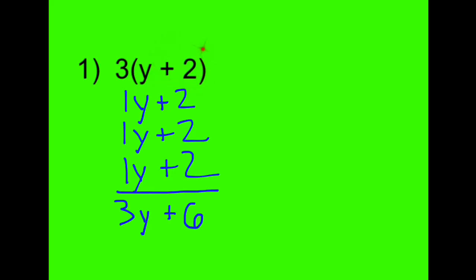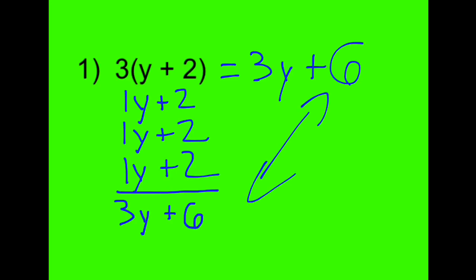And it's important you remember the sign in front of that integer goes with the integer. So 3 times y and 3 times positive 2. And when you do 3 times y, you get 3y. And when you do 3 times positive 2, you get positive 6. You should be familiar with how to do both of these things.